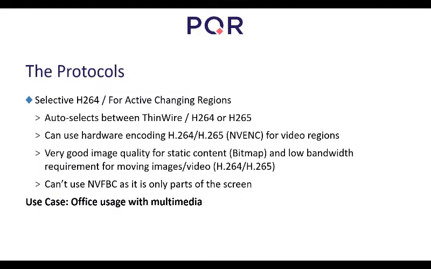And it's very good image quality for static content because it uses bitmap or JPEG rendering, and low bandwidth requirements for moving images because it's using H264. But it can't use NVFBC, so there is a latency hit because NVFBC can only grab a complete frame and not part of it. Use cases: office usage with some YouTube or other multimedia.